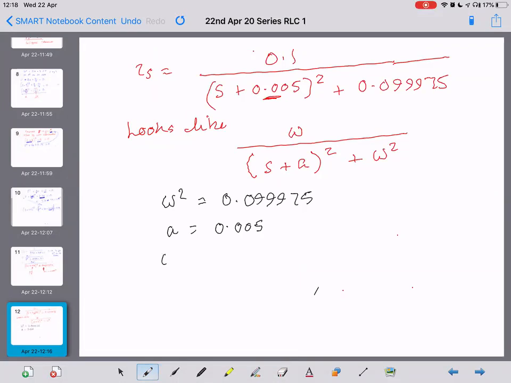And we can get omega from the square root of 0.099975.